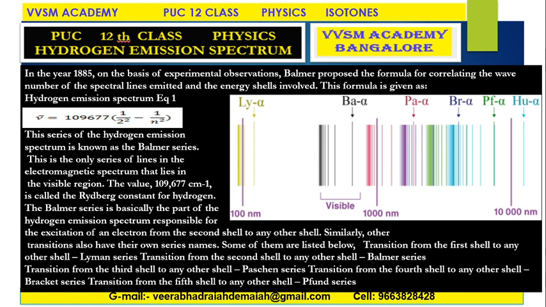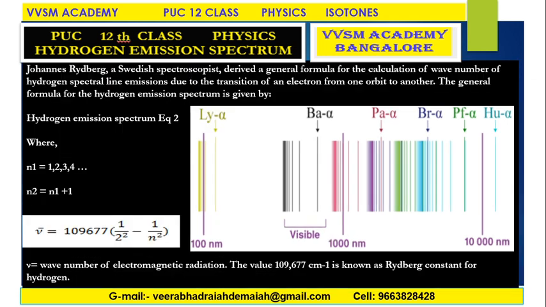The transition from the first shell to any other shell gives the Lyman series, the transition from the second shell to any other shell gives the Balmer series, and the transition from the third shell to any other shell gives the Paschen series, and so on. Johannes Rydberg, a Swedish spectroscopist, derived a general formula for the calculation of the wave number of hydrogen spectral line emission due to the transition of an electron from one orbit to another.